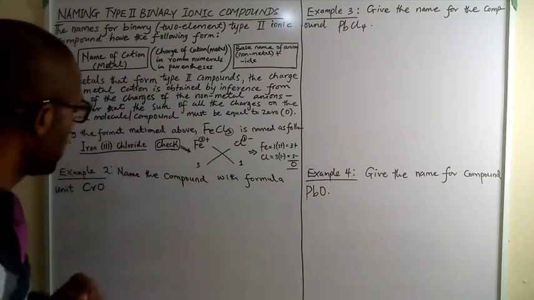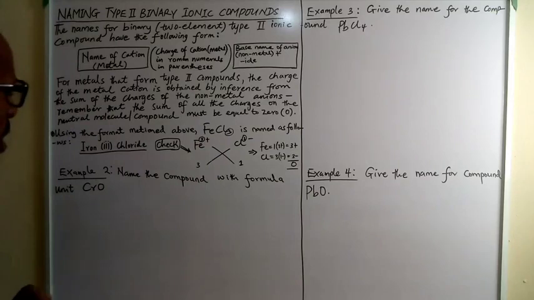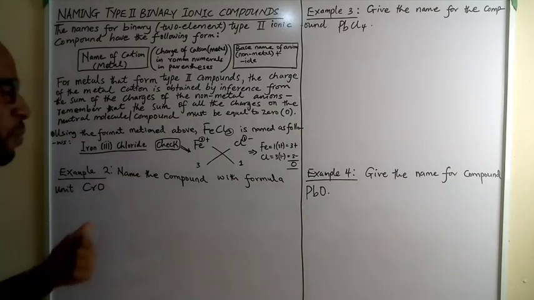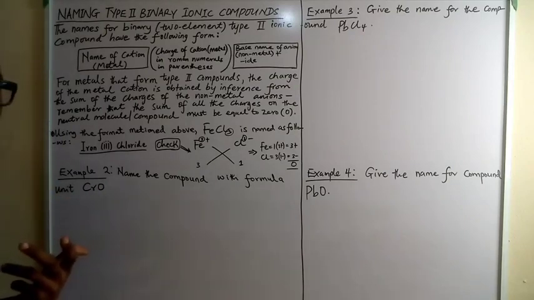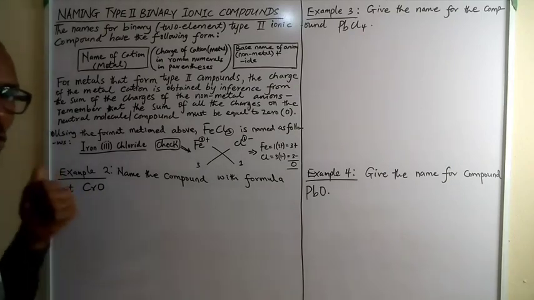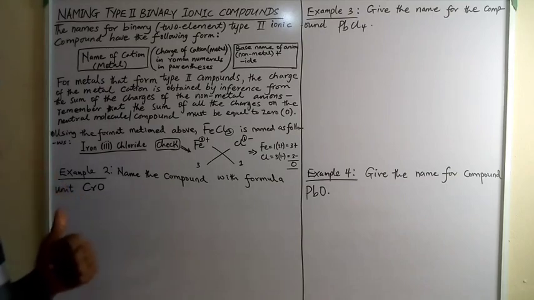Pay attention to that. So the second example they gave us, they say name the compound with formula CrO. For us to know, chromium shows variable oxidation states, okay? So we have to know the charge on chromium.